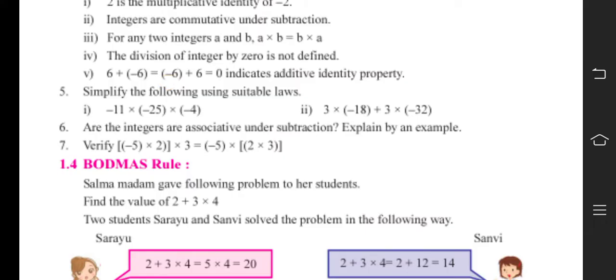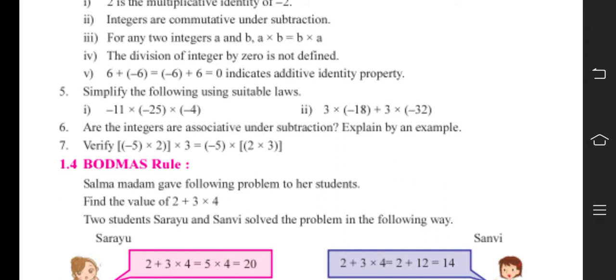Now look at the 7th question, children. Verify: minus 5 into 2 into 3 equals minus 5 into 2 into 3, with different brackets. You have to verify whether the left hand side and right hand side are both correct or not.